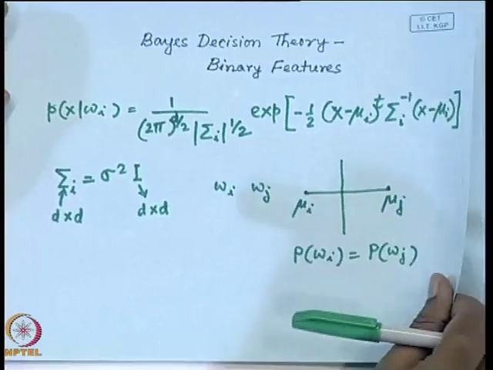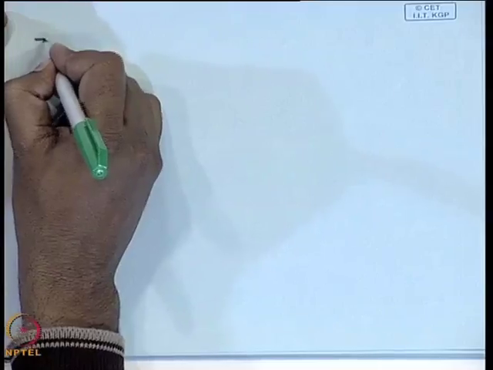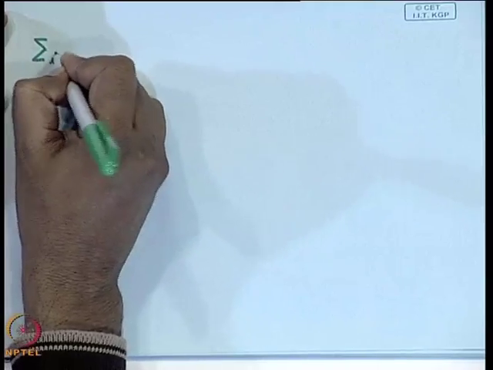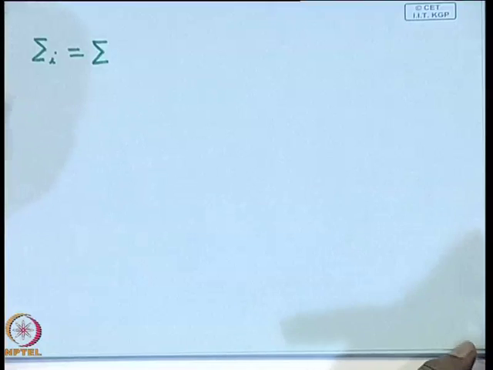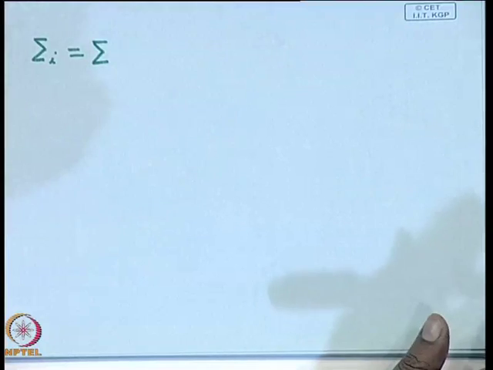In the second case, we have seen that sigma I is equal to sigma, that is, the samples belonging to every class have the same covariance matrix, but otherwise the covariance matrix is arbitrary.